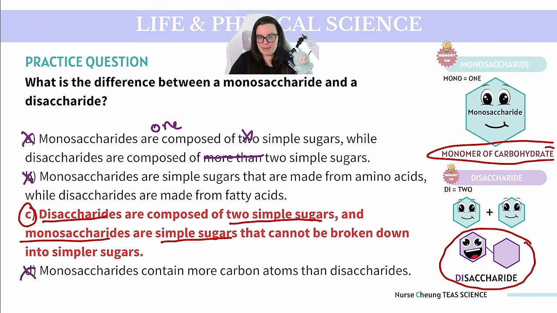And then lastly, monosaccharides contain one carbon atom, then disaccharides. Again, incorrect. The number of carbon atoms in monosaccharides and disaccharides can vary greatly, but the key distinction lies in the structure. Simple sugars versus two sugar combinations, not how many carbon atoms they have.